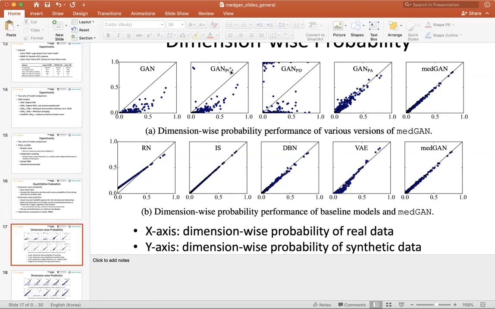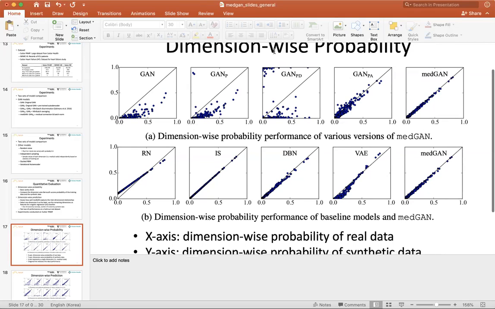Then if you pre-train an autoencoder, take the decoder out of it and plug it on top of the generator, qualitatively it looks a bit better than just the vanilla GAN. And then after that, you add the mini batch averaging, which is this. A jump from here to here is dramatic. Just by using mini batch averaging, at least in the dimension-wise probability, to our eyes, it's way better. It's way more aligned on the diagonal line compared to this one.